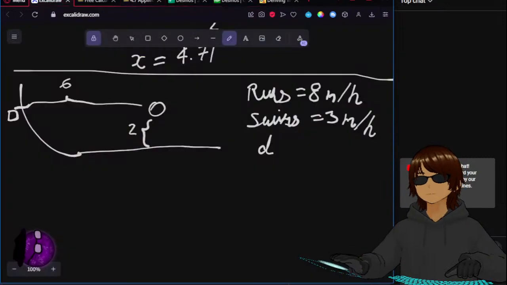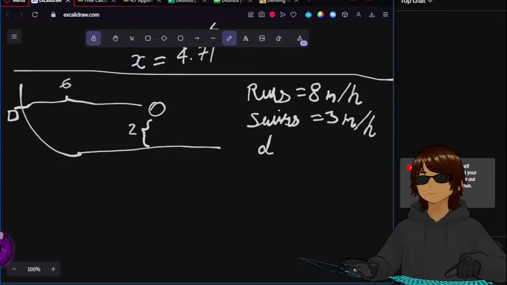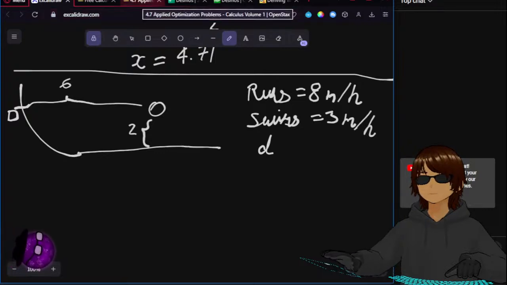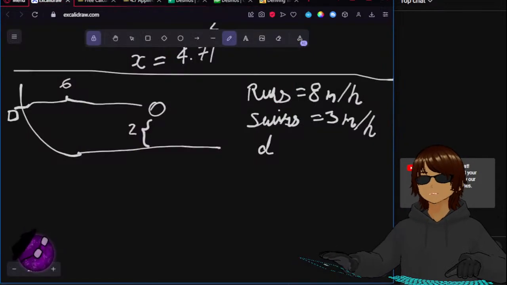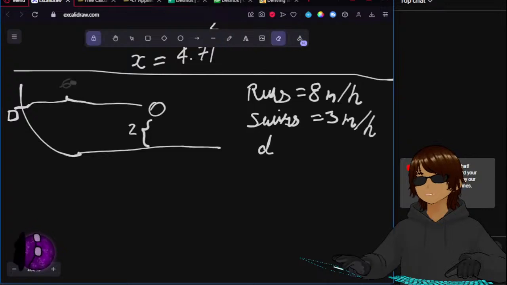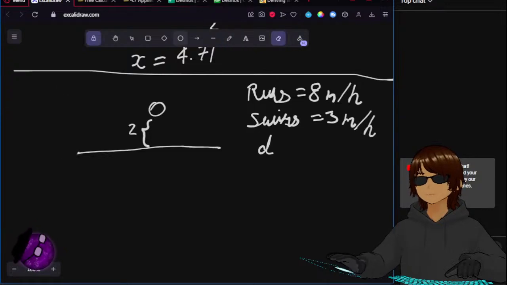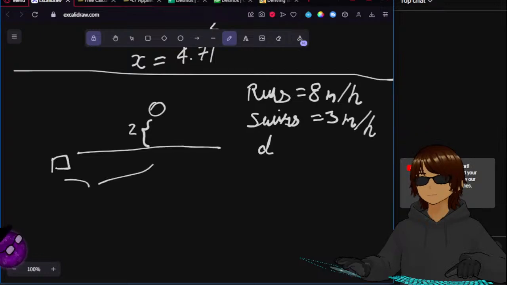No, wait. 6 miles west of this point. Wait, I think I'm imagining it wrong. So the cabin is here, and then there's 6 miles. Then the shoreline continues.